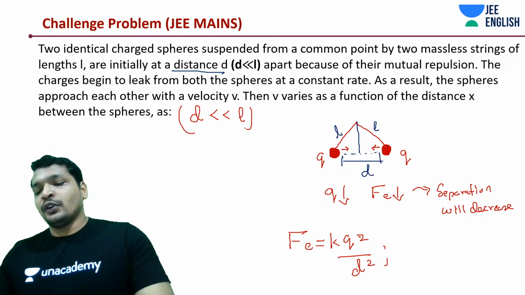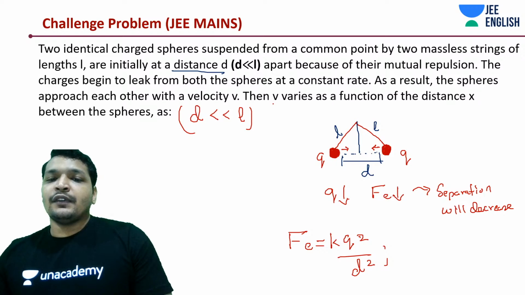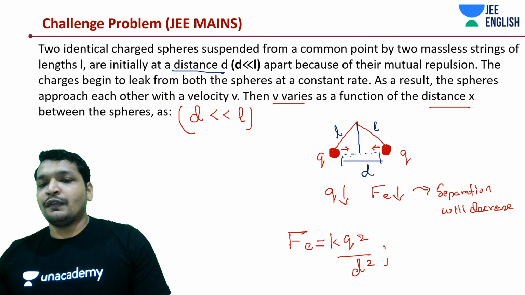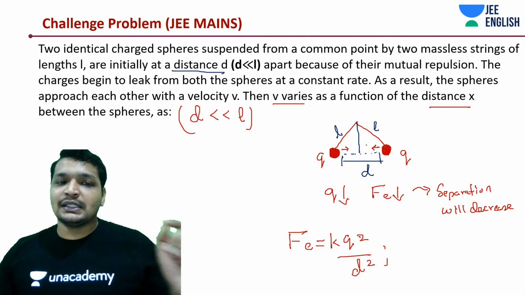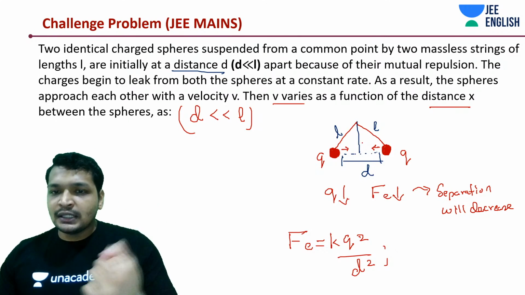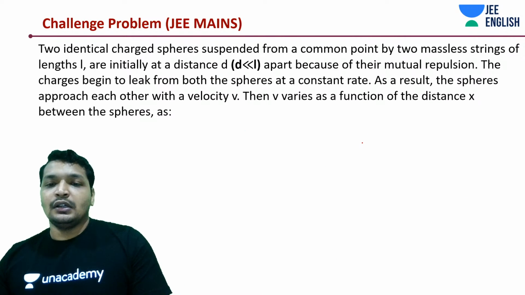Now let's move on to the next one. The next thing is we need to find out what this velocity is as a function of distance. If the separation has reduced by some distance x, let's say it has moved by some distance, what is going to be the velocity? All right.